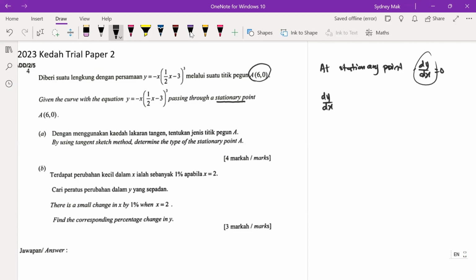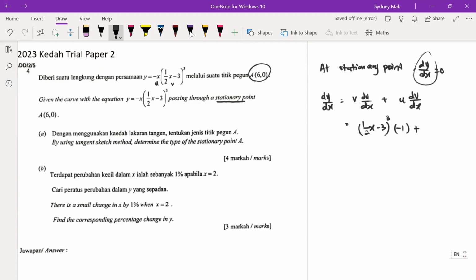We have u times v, the product of u and v. So dy/dx will be: stay v, differentiate u, plus stay u, differentiate v. So we copy the v, (1/2 x minus 3) to the power of 3, and differentiate u, negative x becomes negative 1.